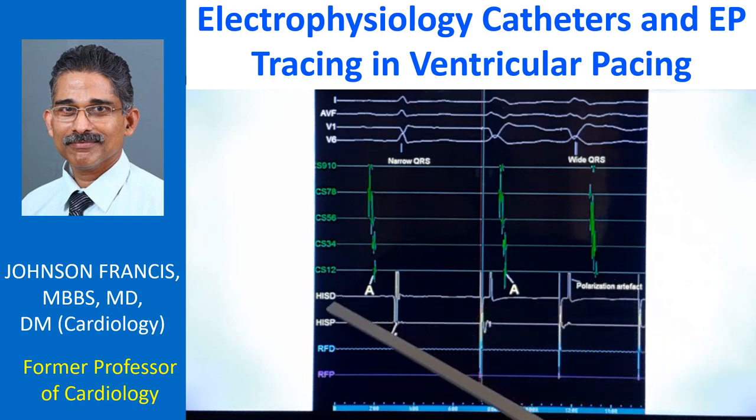So you can see that it is the His bundle distal electrodes which have been used for pacing, as the polarization artifacts have been picked up well in the His bundle distal electrode. And ventricular depolarization is seen in the proximal electrode also after the pacing.